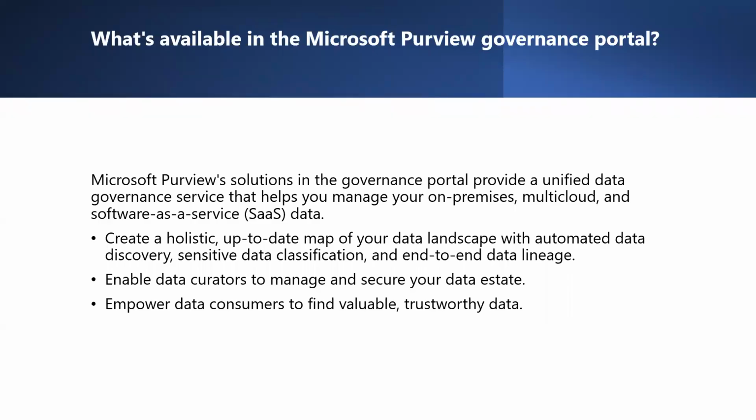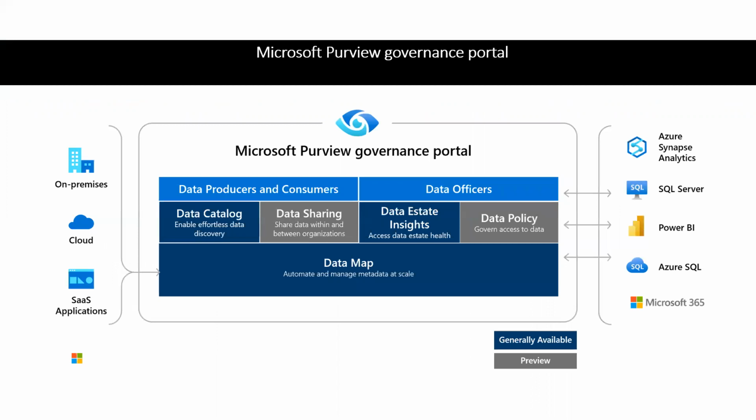Sorry, I think I didn't move to the next slide. So here, what we discussed is enabling data curators to manage and secure the data estate and empower data consumers to find valuable, trustworthy data. So here you can see what this Microsoft Purview governance portal offers.